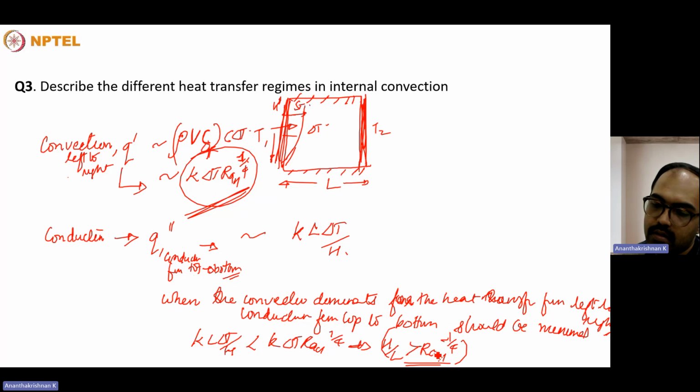Sorry, Rayleigh number will be very much less than 1, so 1 by Rayleigh number will be very large. So H by L, this particular quantity, will be very high. That means that this quantity will be very less.